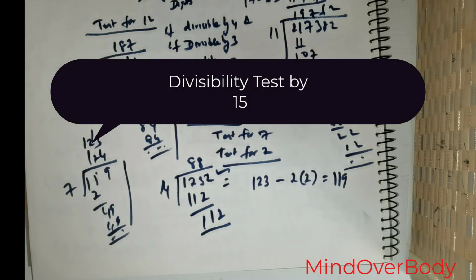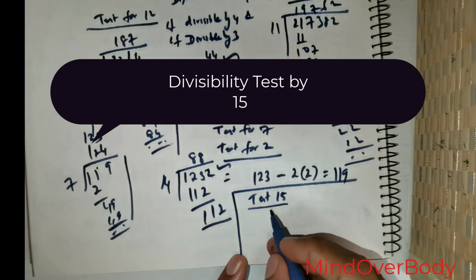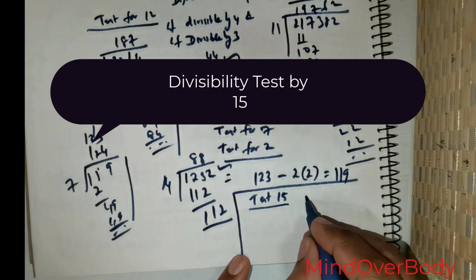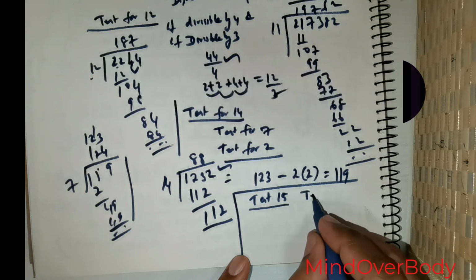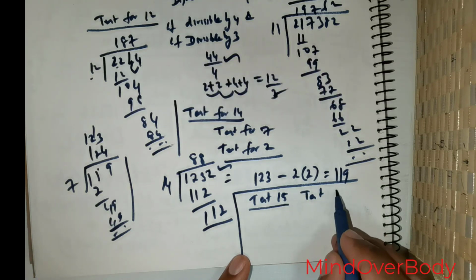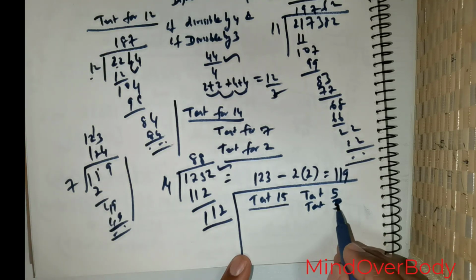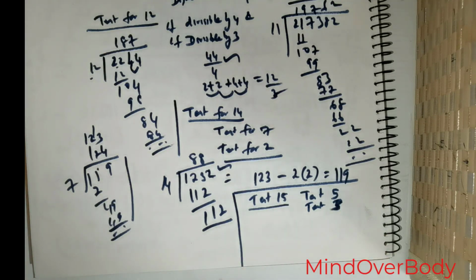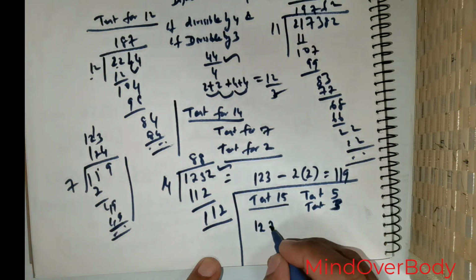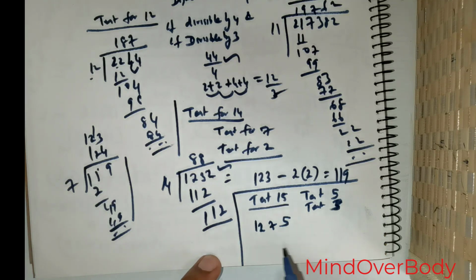just instantaneously like that. So next, for a number to be divisible by 15, it has to pass the test for 5 and pass the test for 3. These two things should be satisfied, and we can easily see that. Say for example you have 1275.